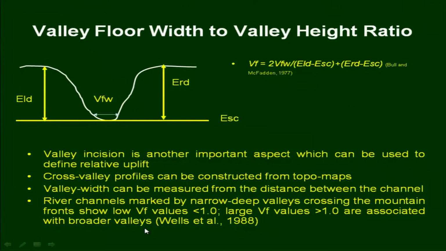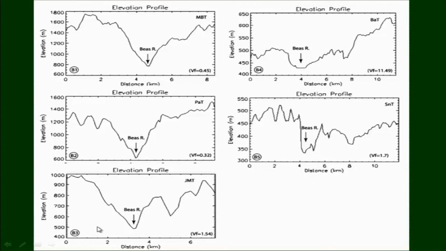So where the river is crossing an active mountain front, seismically or tectonically active, it will have narrow valleys and the values will be close to or less than 1. But if the VF value is greater than 1, it will be marked by broader valleys.